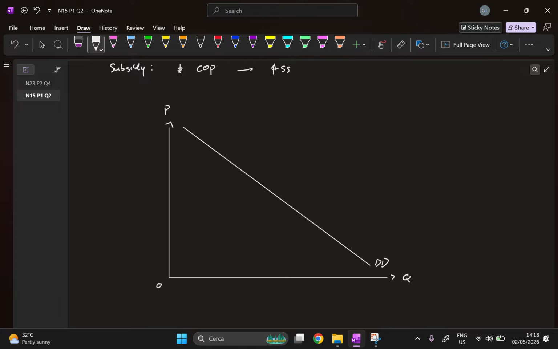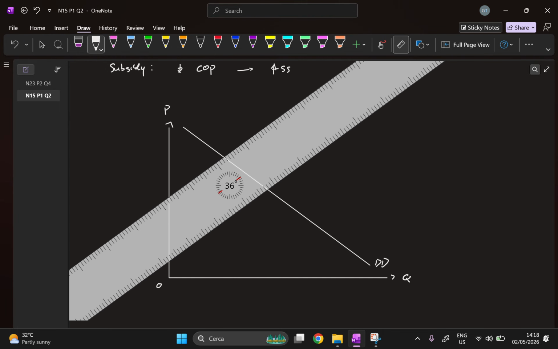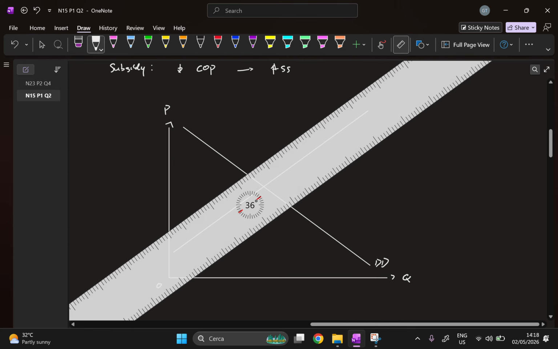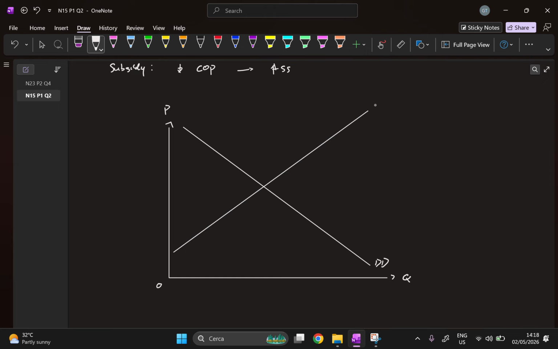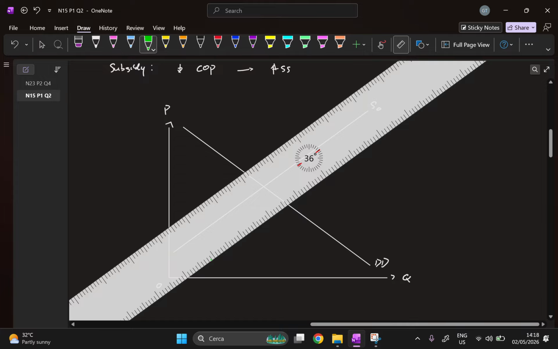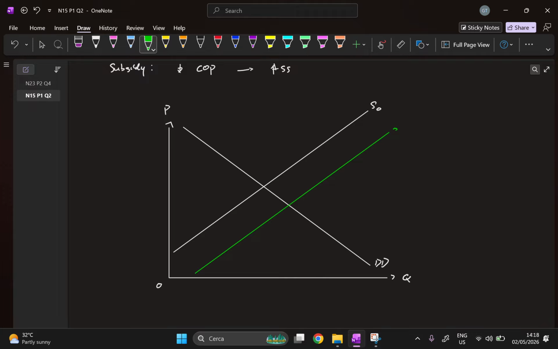Subsidy can only affect supply because my subsidy is given to my producers. So as a result of their lowered cost of production, they are more willing and able to sell a particular good, and so my supply is going to increase from S naught here. I'm going to increase my supply over here, shift the supply curve rightwards, and supply is going to increase to S1.